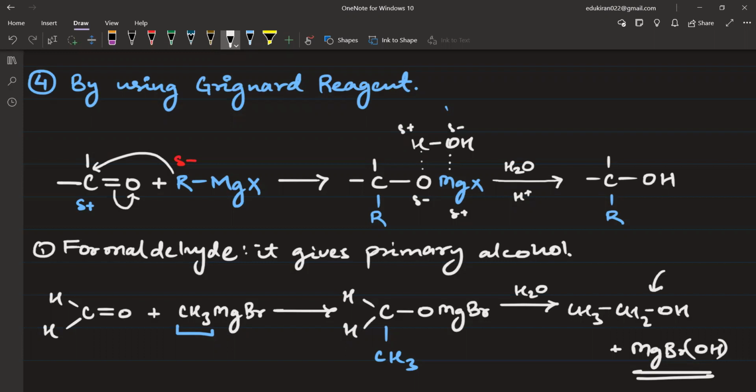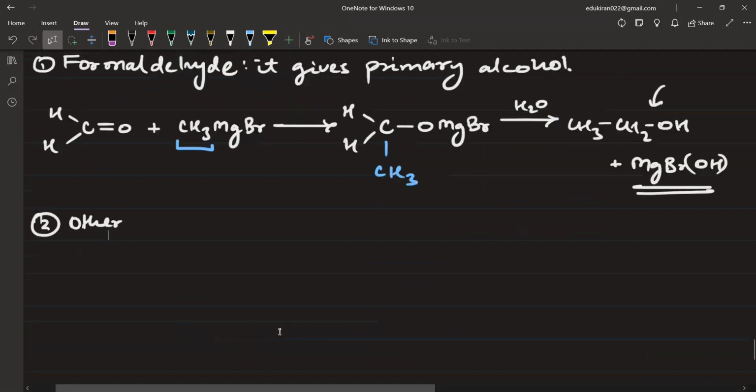Done, guys? Yes or no? Please tell me. Done, sir. Okay. So with formaldehyde, it gives primary alcohol. Right, next, other aldehydes.